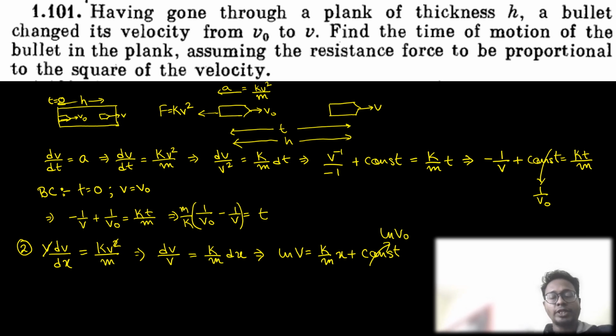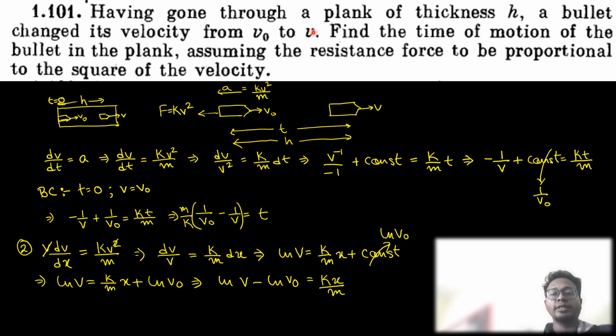So our main equation comes out to be ln v is equal to k by m x plus ln v naught, or if I send the v naught to the left hand side, ln v minus ln v naught is equal to kx by m.